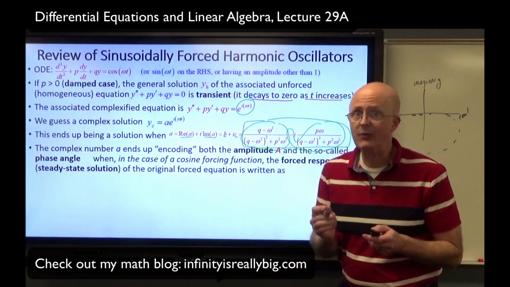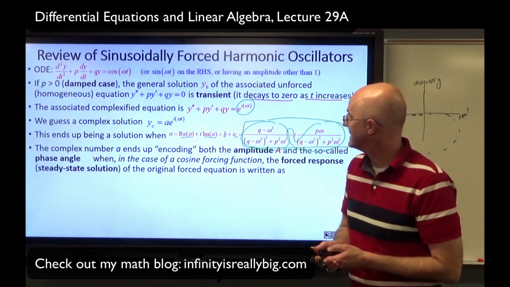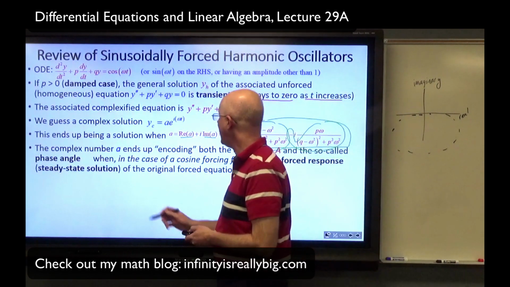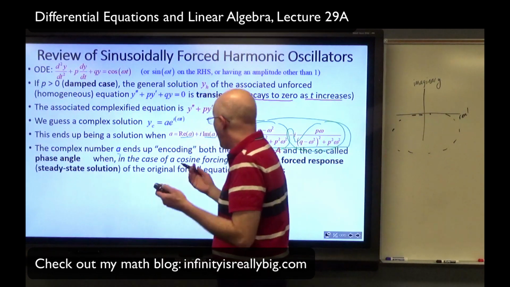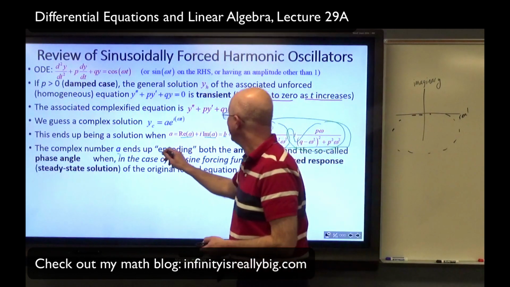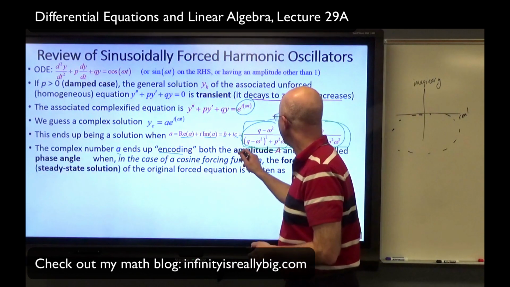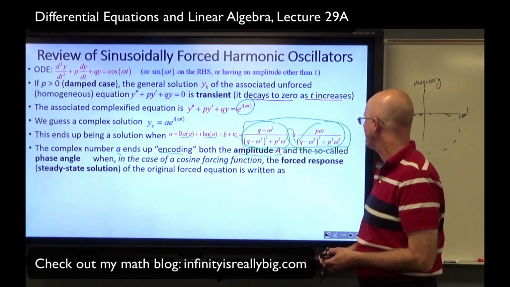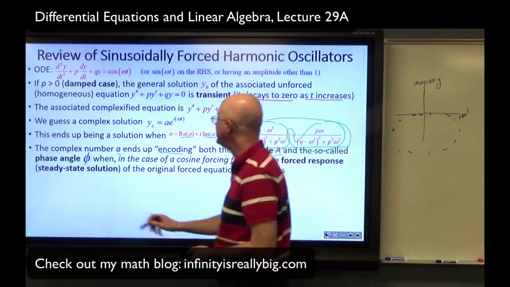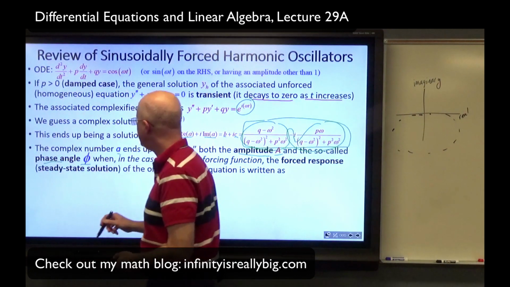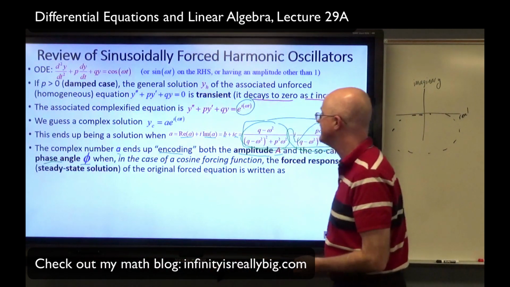Amazingly, this is a pretty cool thing and part of the motivation for using complex arithmetic. This complex number a, in almost a magical kind of way, ends up encoding both the amplitude, capital A, and the so-called phase angle, phi, which is a number, not a function here.